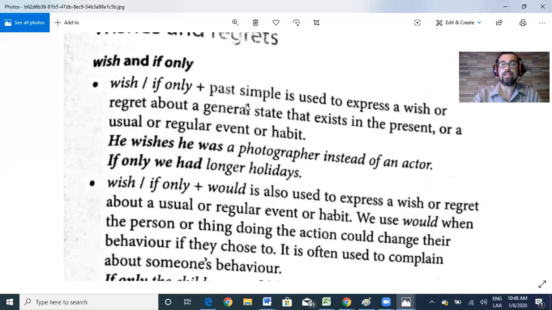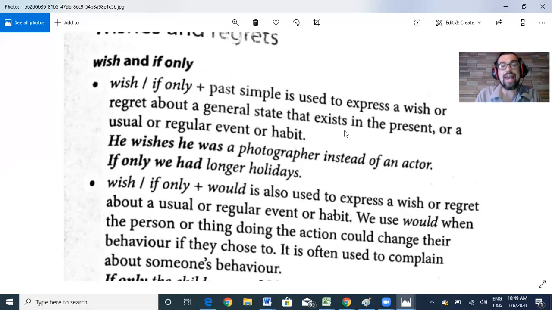So he's regretting, right? He wishes he were a photographer, but the reality in the present is that he is an actor. So it is a regret about a general state that exists in the present: something true right now, but you wish it were different.